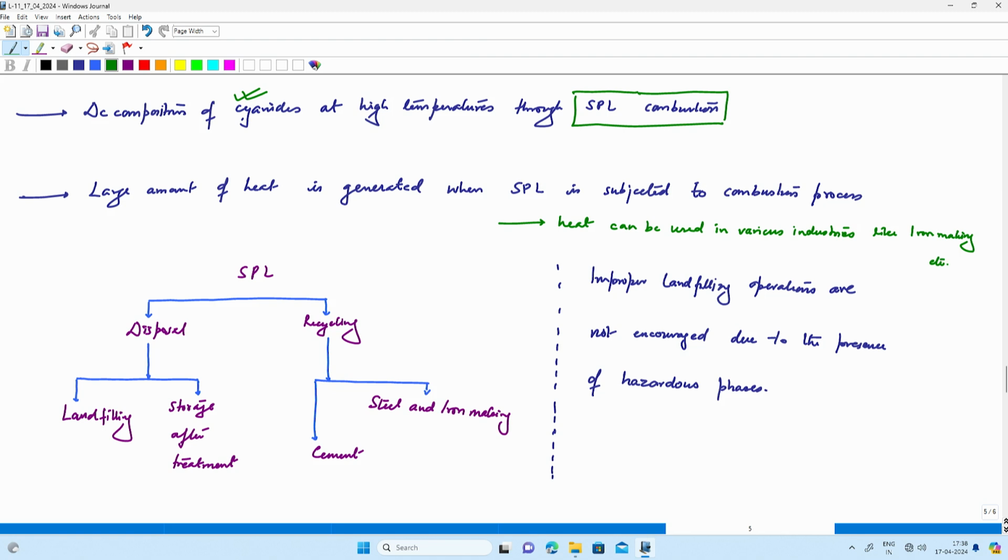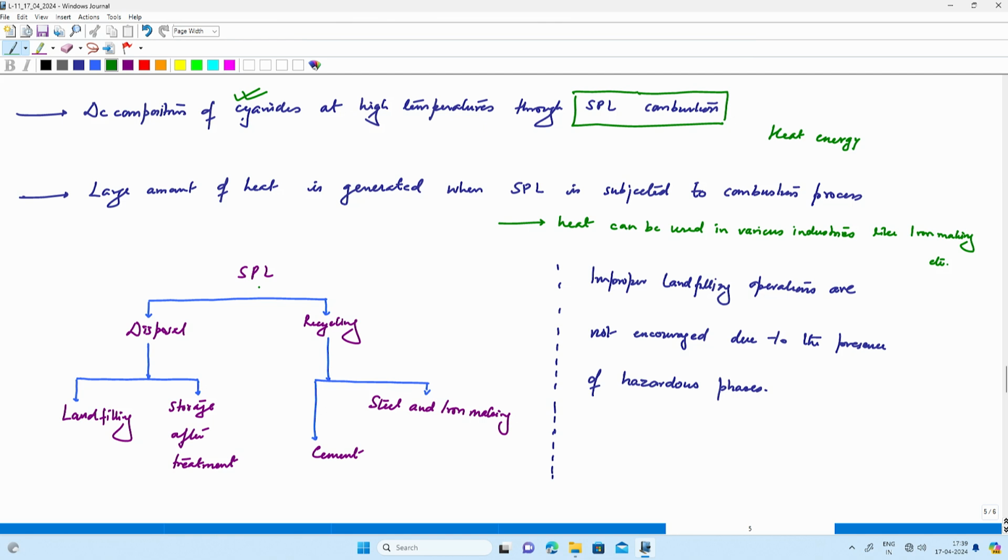What exactly we are trying to do is, we can target the heat energy that is evolving while combustion of SPL. So let us just now look at a general scheme of SPL recycling.